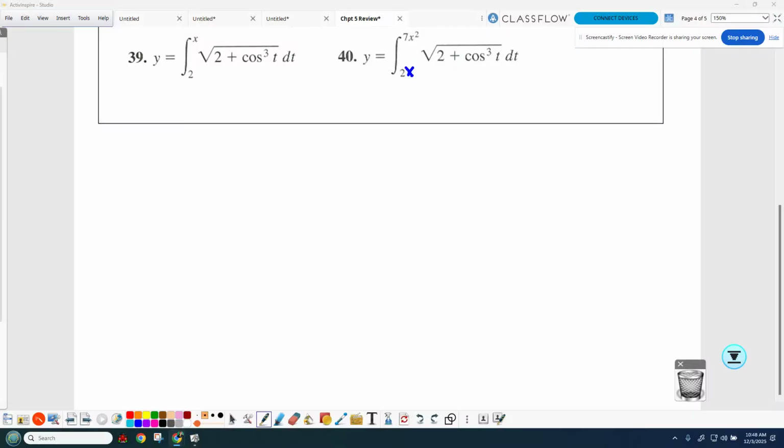Let's look at these. It asked you to do the derivative of these integrals, and it's scrolled off. That's the Fundamental Theorem of Calculus. If there's a variable, then the derivative of the integral is the stuff in there times the derivative of the stuff.